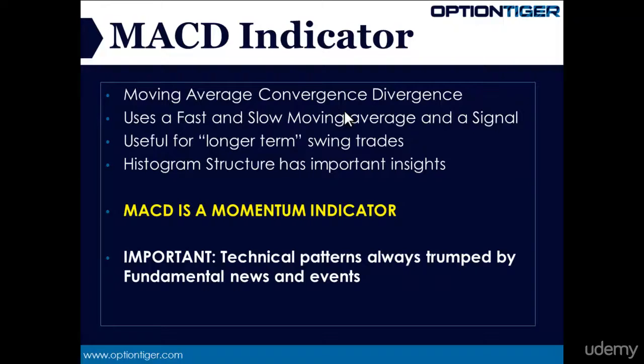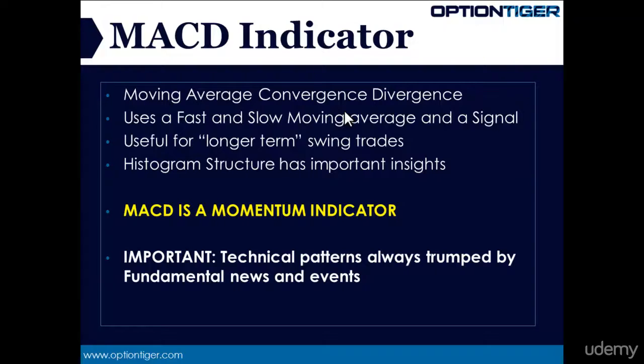Now the MACD is a momentum indicator. As a stock is moving either up or down, at least most of the time it follows some kind of pattern. Initially the stock starts to gain momentum, whether it is up or down.